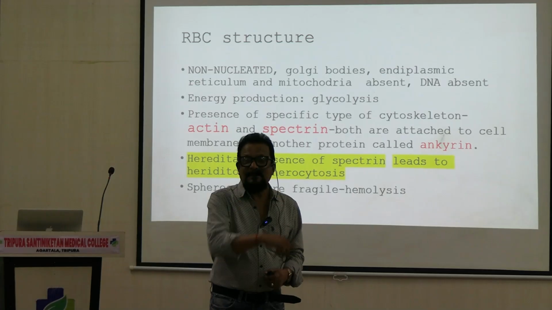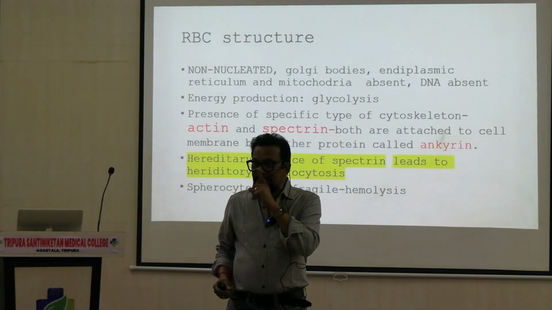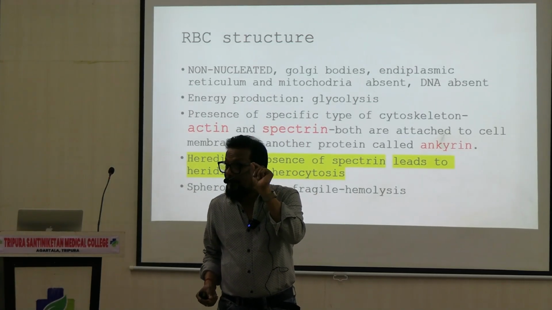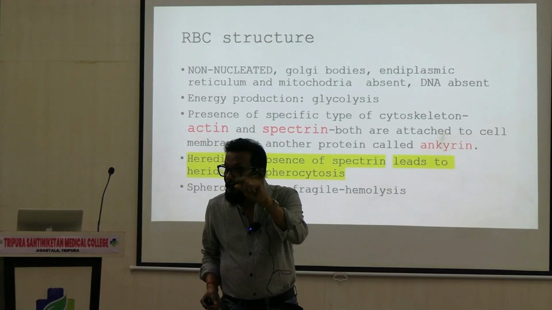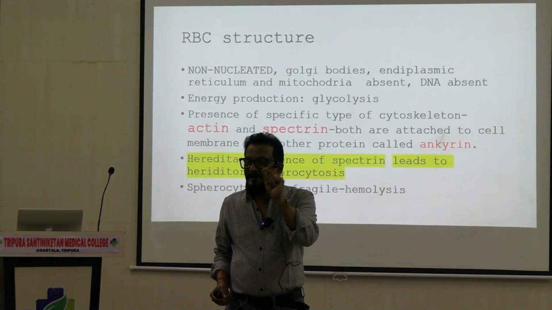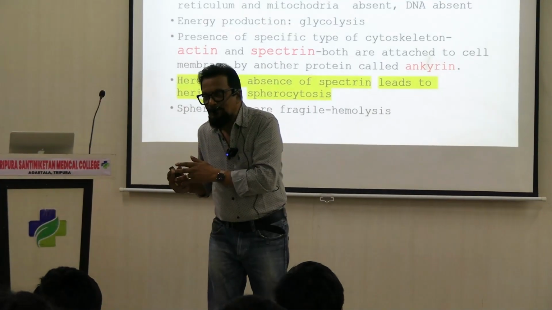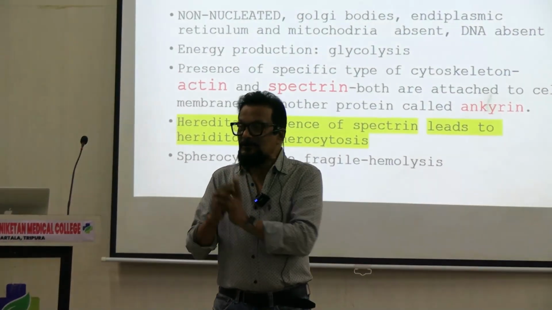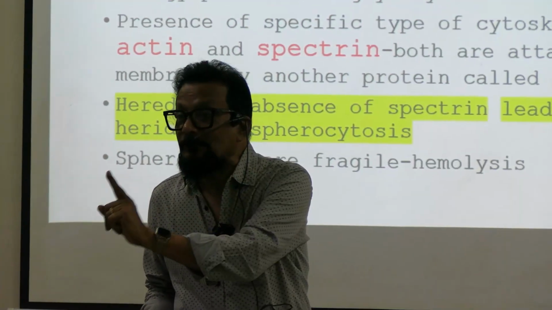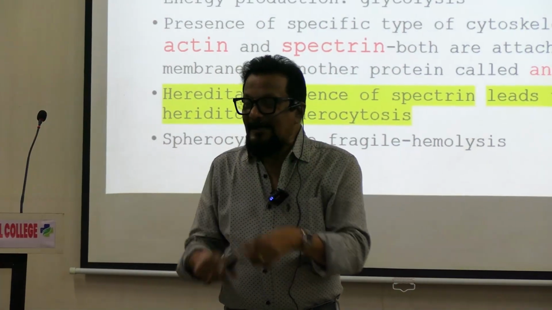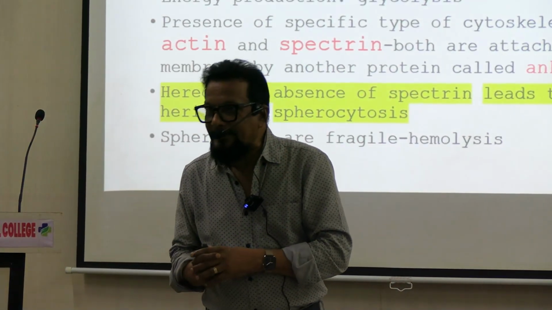Okay, so this spectrin, actually, where is the information for it? In the genetic code. Now, if this genetic code is disturbed, mutated, what will happen? Spectrin will not be formed. So there will be absence of spectrin, and it will cause what? The RBC will be unable to maintain its shape.